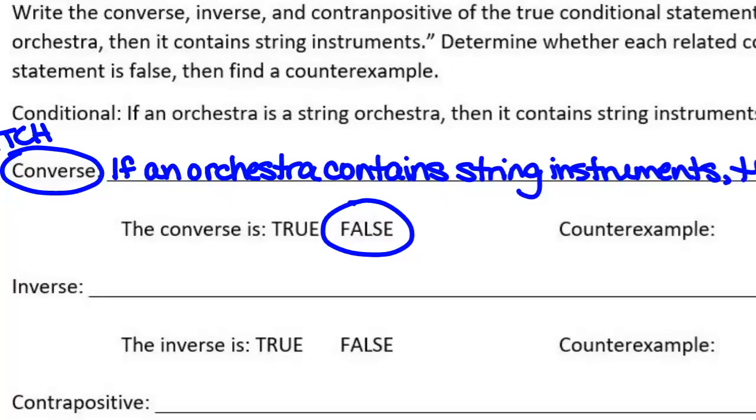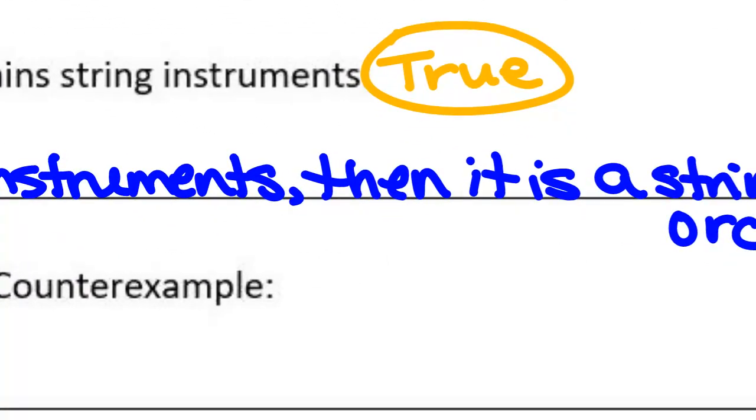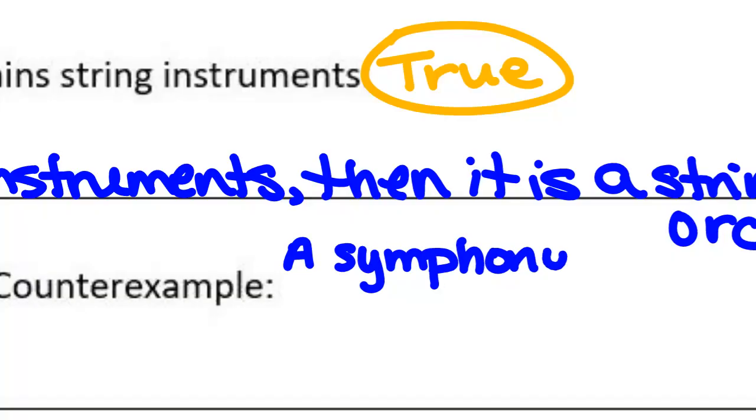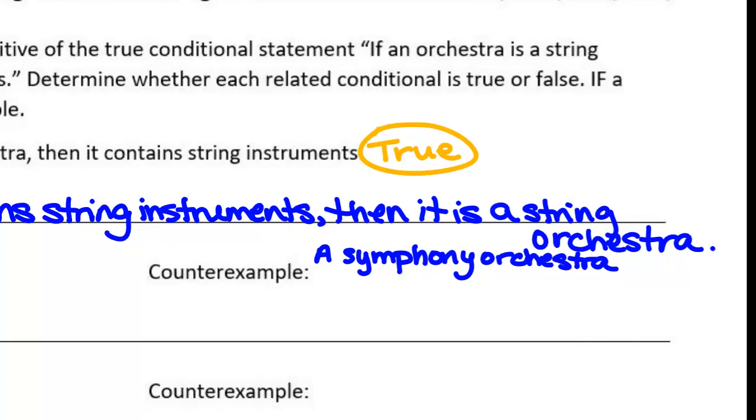A symphony orchestra. Does a symphony orchestra have strings? Yep, it contains strings, woodwinds, brass, and percussion. So a symphony orchestra has strings, but it's not a string orchestra, right? So my counterexample would be a symphony orchestra contains string instruments.